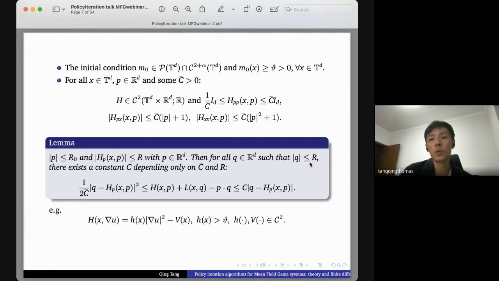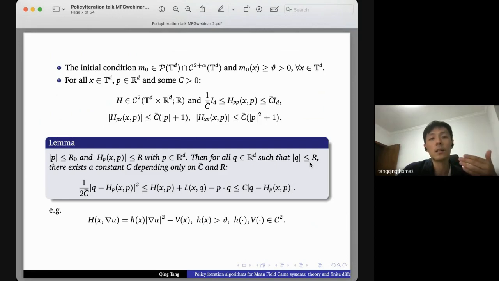So H_p would be some kind of optimal control, and q would be some other control. This is very important to bound two different policies or controls. There's some confusion of terminology, but the control is in feedback form, so I also call it policy. On the right-hand side, I just use some Lipschitz property of the Hamiltonian and the Lagrangian. That's all.